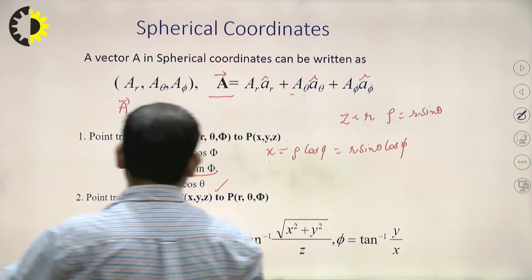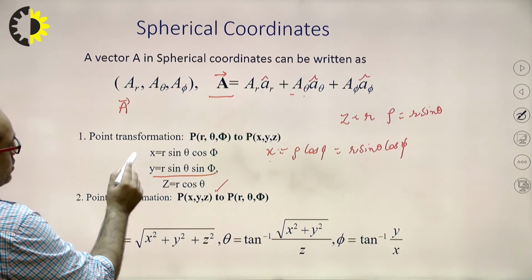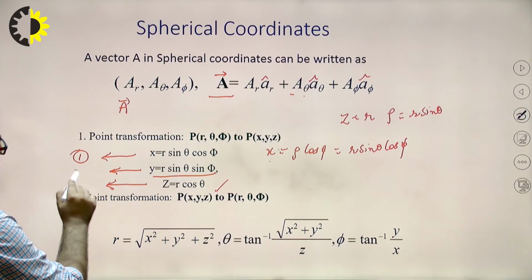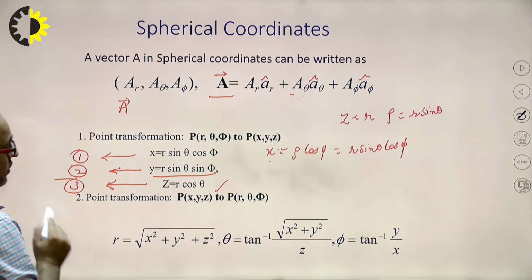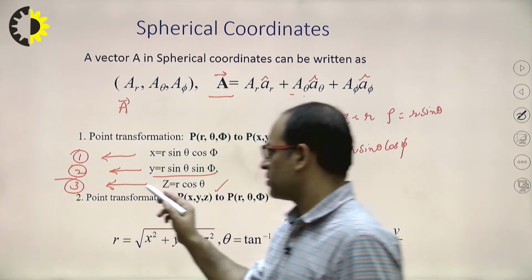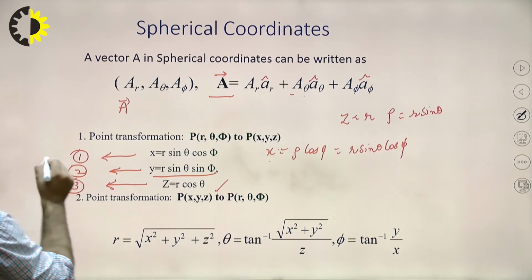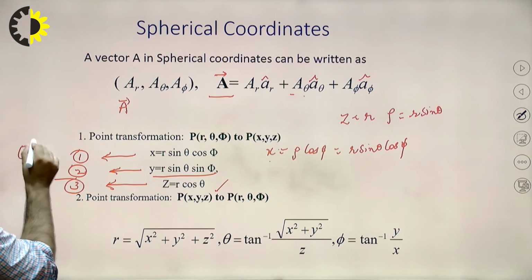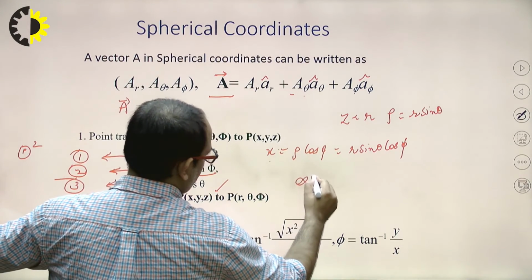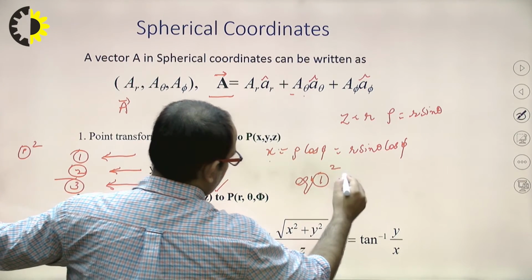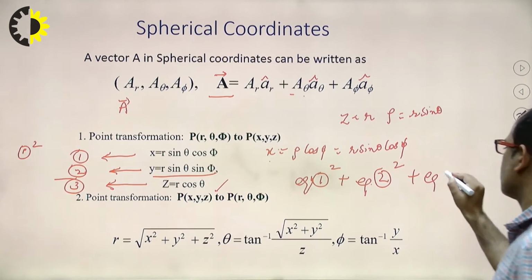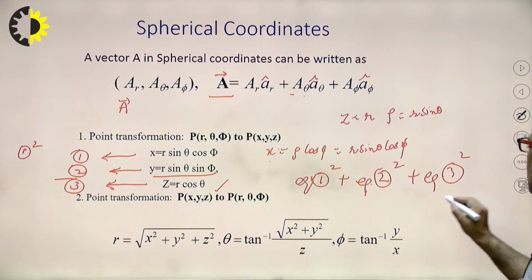Now square equations 1, 2 and 3 and add them. Equation number 1 squared, plus equation number 2 squared, plus equation number 3 squared.